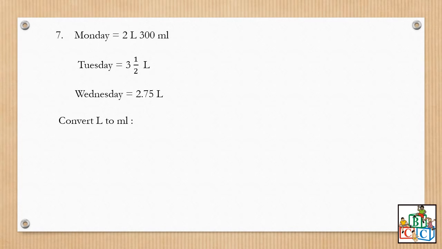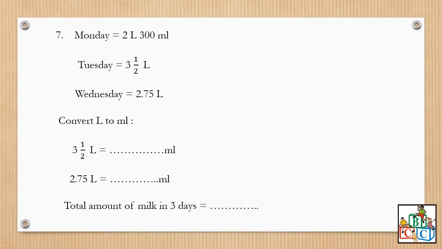For Monday, it's 2 liters 300 ml. You can convert Tuesday and Wednesday to ml. 3.5 liters goes to how much milliliters, and 2.75 liters goes to how much milliliters? And the total amount of milk in 3 days is how much? I guess this is very easy now for you. When you work this out in your copybook, I will be checking if you have written all this. You have to show your working properly and clearly.